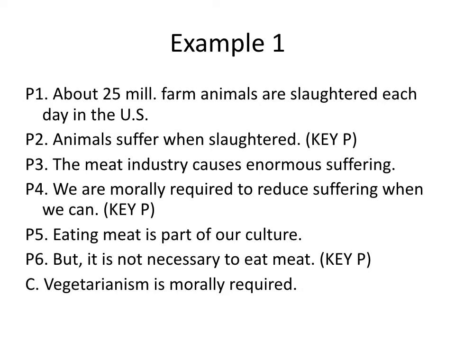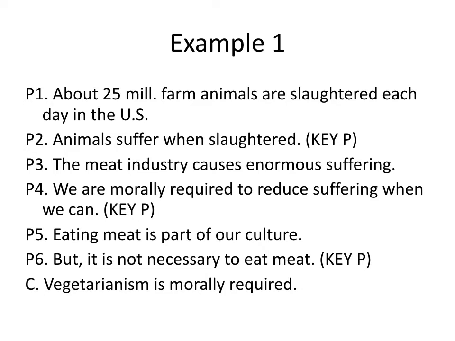And it doesn't matter if 25 million animals are suffering or if one animal is suffering. If there's any suffering being caused, P4 says we're morally required to reduce suffering when we can. So it's about the suffering, and it's not about the number of animals. Okay, so P1's not a key premise.